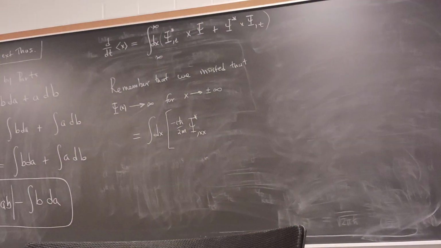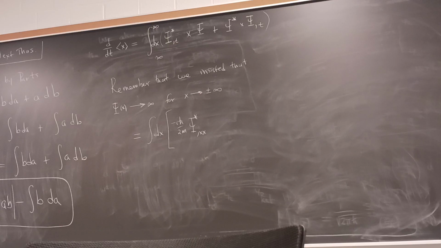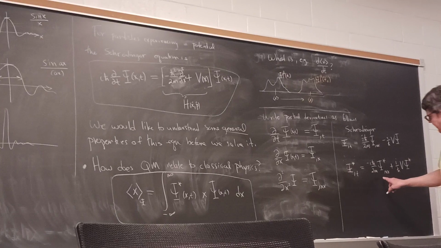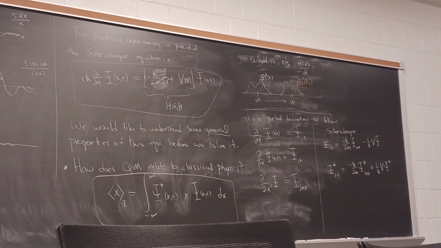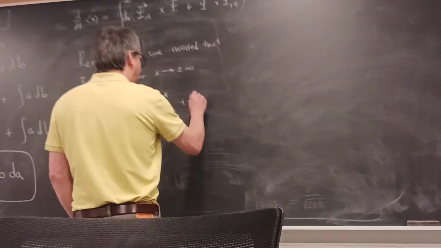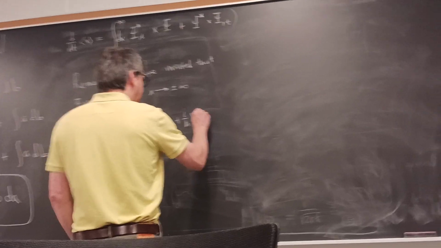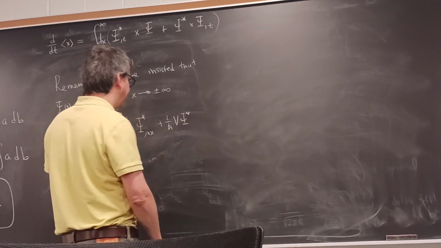Oh, sorry, when I conjugate the Schrödinger equation, I've got to conjugate the wave function. So I've got minus i h bar over 2m psi star comma xx plus i over h bar V psi star.